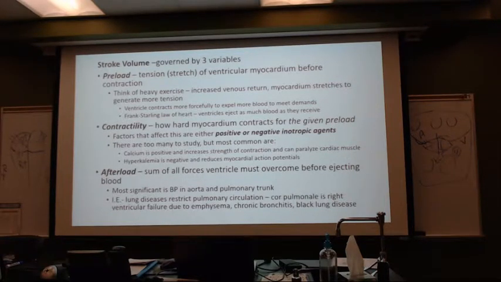Okay, so in times, like I said, because the volume changes, think of that conditioned athlete who's going to have more volume returning to their heart at those times of doing the exercise, and this volume increases.